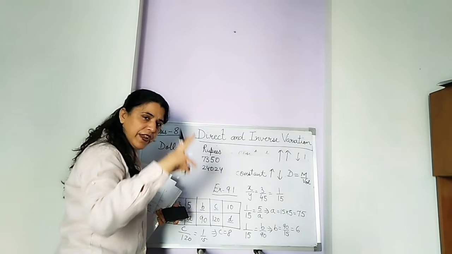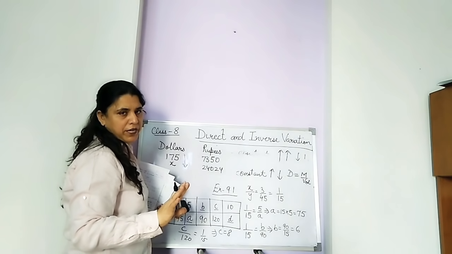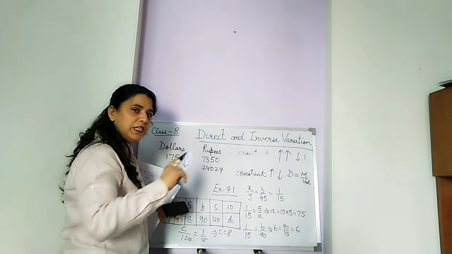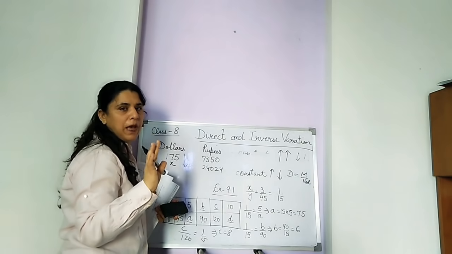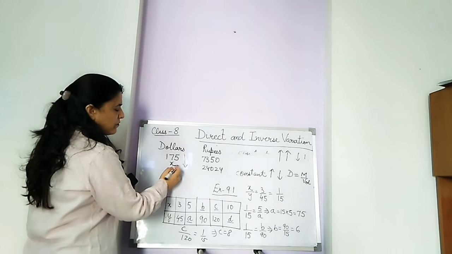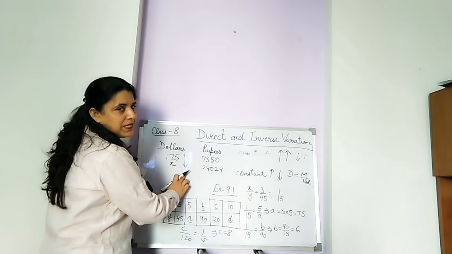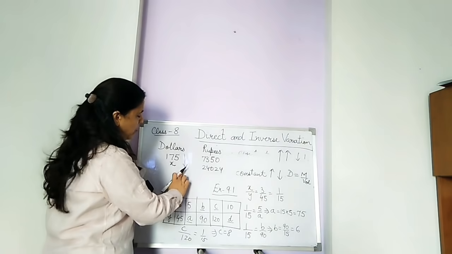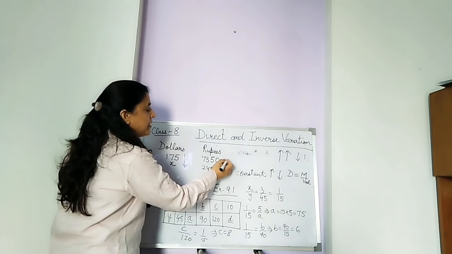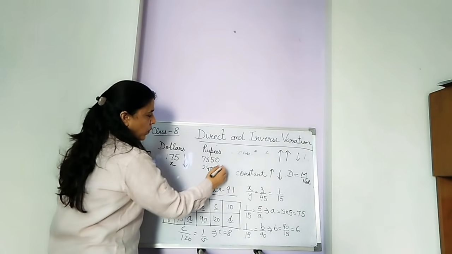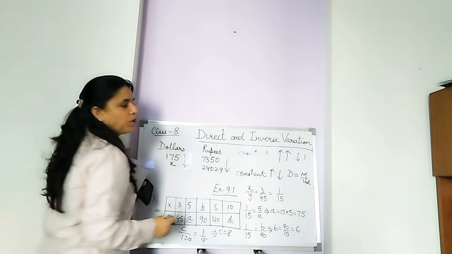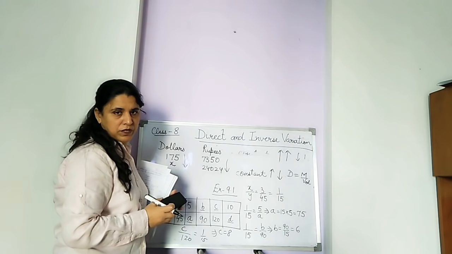Direct variation means both arrows in the same direction. Inverse variation means one arrow down, the other arrow goes up. The arrowhead always points towards X. Since they are in direct variation, we put both the arrows in one direction.